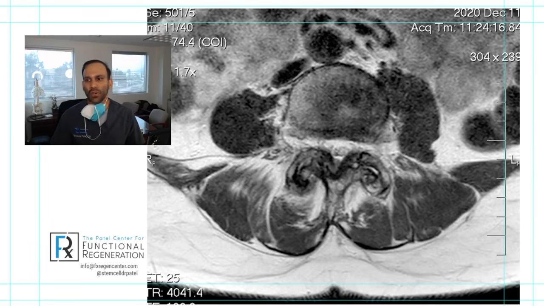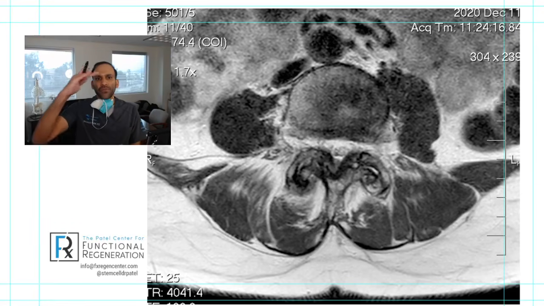Even with 1.5 Tesla, we could still get really good imaging, particularly if the machine does really thin slices through the anatomy. Even though the resolution might not be as good, if we get thin slices, then we're not missing things that are going on there.